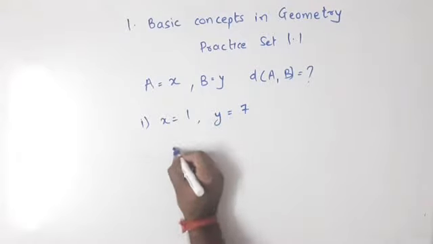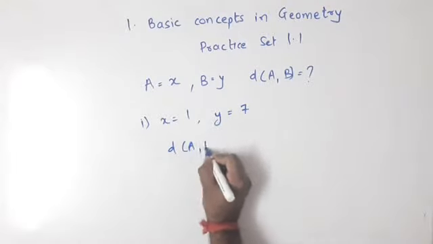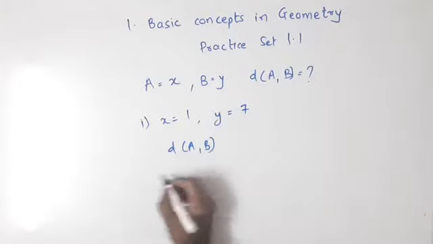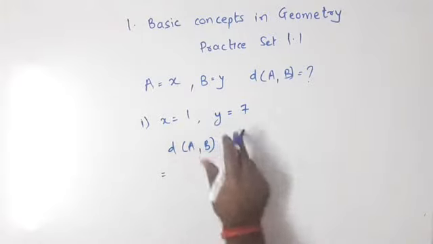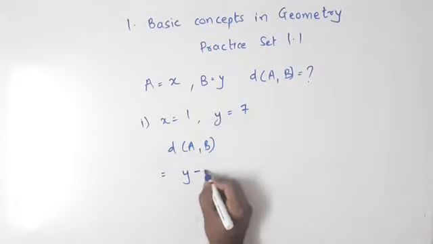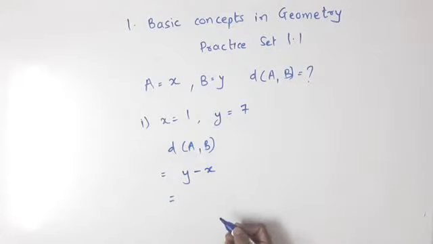Now very simple, distance AB will be equal to, here y is greater, so I'll first write y minus x. So y minus x is 7 minus 1, which is equal to 6. So therefore we got distance AB equals 6.